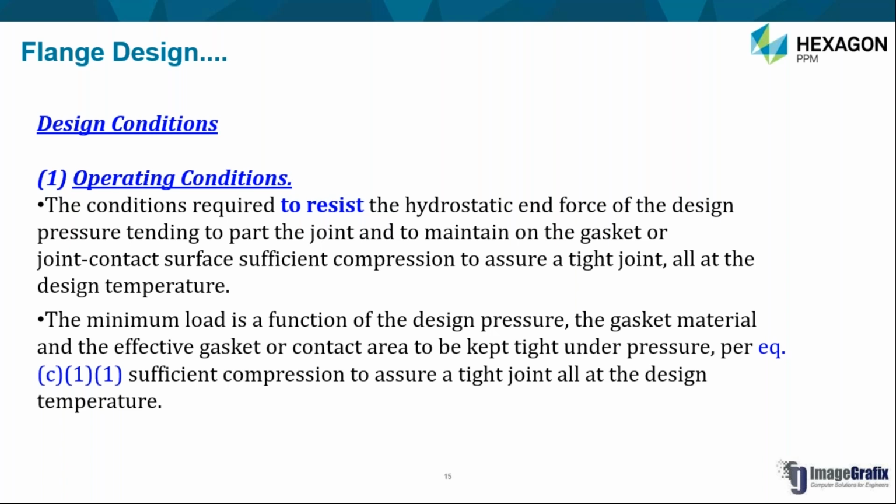The primary function of the pressure is to open the flange, and the primary function of the flange is to resist that pressure and not have any kind of deformation, so that the gas or the liquid will not leak. At the same time it also has to compress the gasket properly so that there won't be any kind of leakage from the gasket. So these two conditions need to be satisfied in your operating condition.